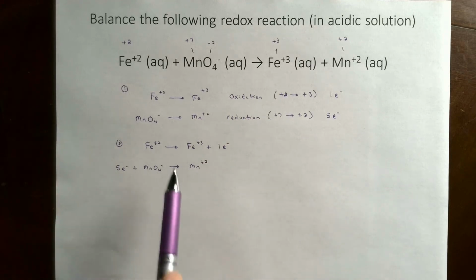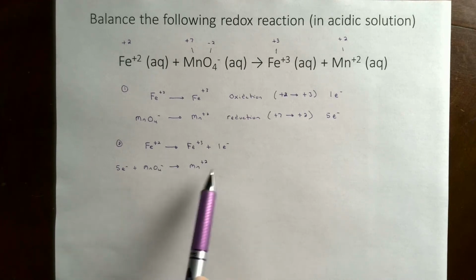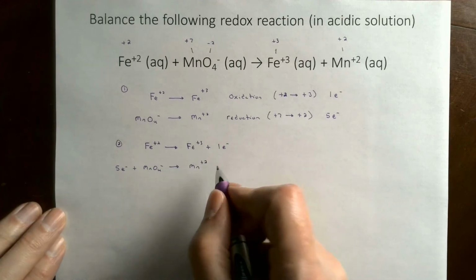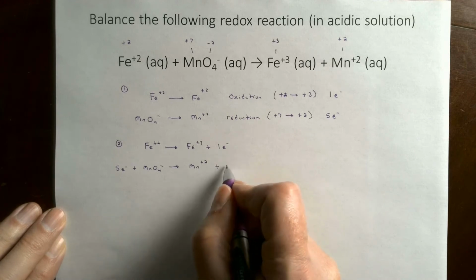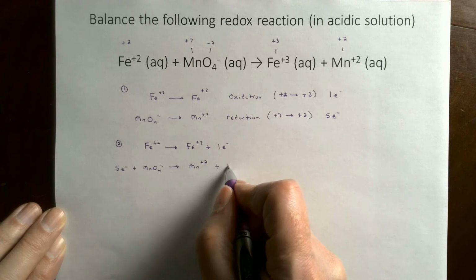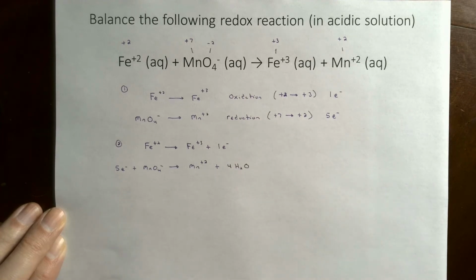Now at this point we're going to balance everything else. What I mean by everything else is there are 4 oxygen atoms here and we have none on the right-hand side. So if we want to get some oxygen atoms on the right-hand side, we're going to add 4 water molecules.